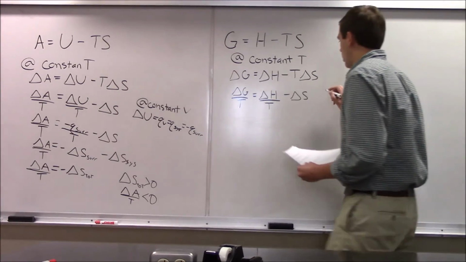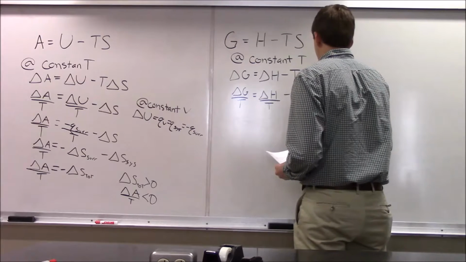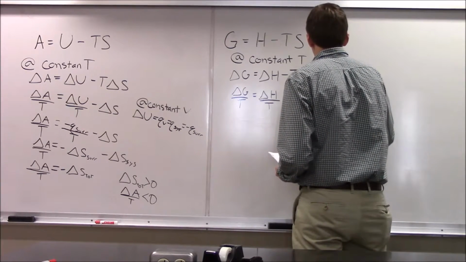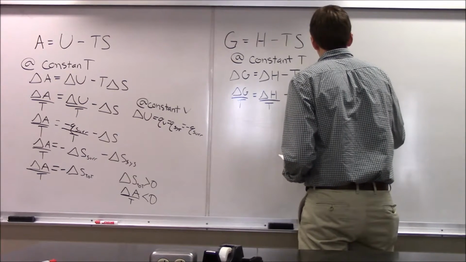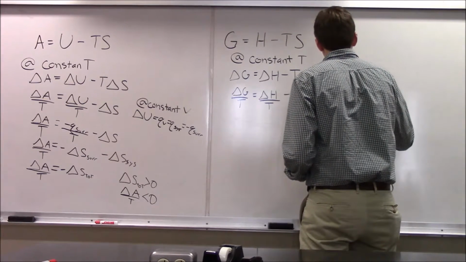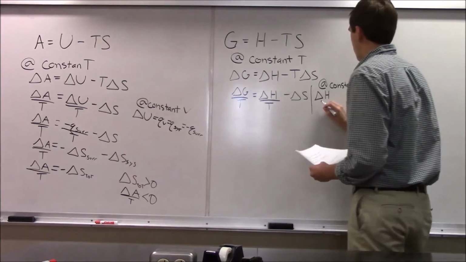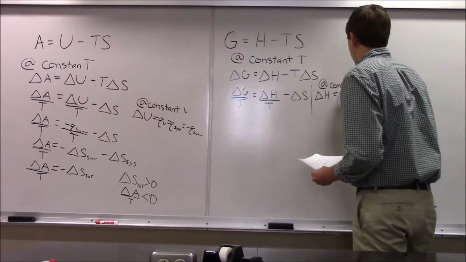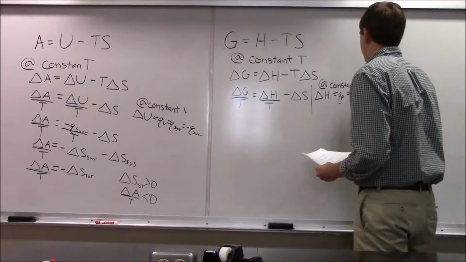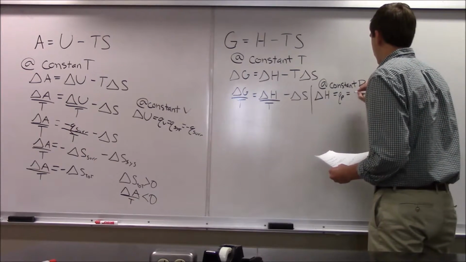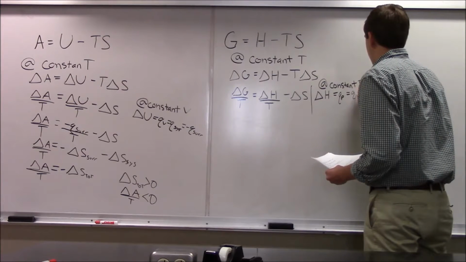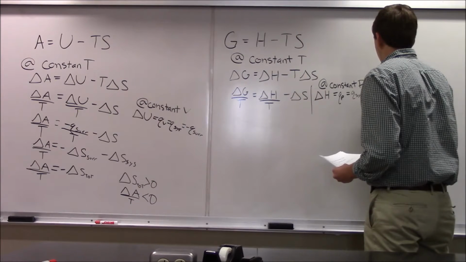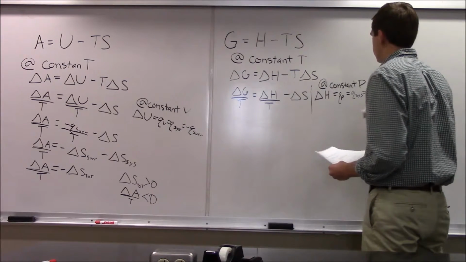Just like before, I'm going to use the idea that at constant pressure, my enthalpy change is equal to Q_P, the heat of my system at constant pressure, which is equal to negative heat of my surroundings.